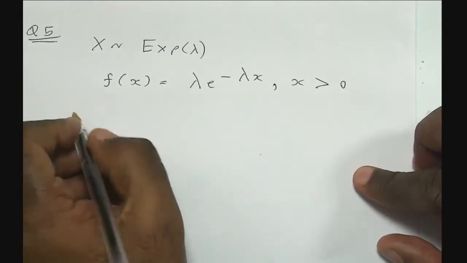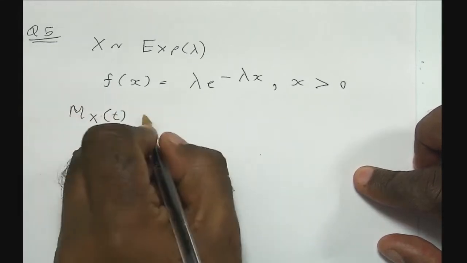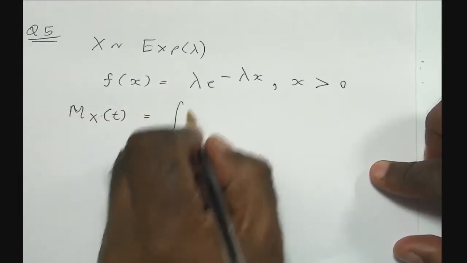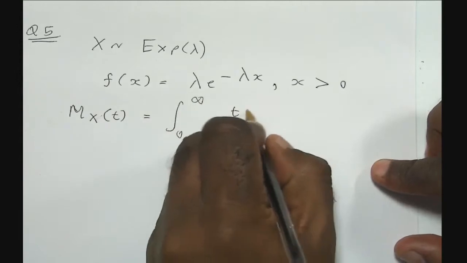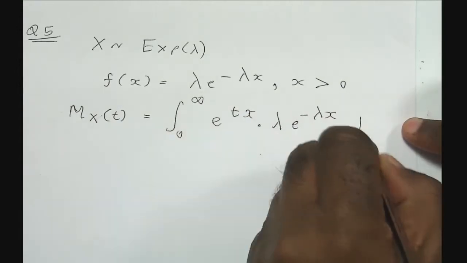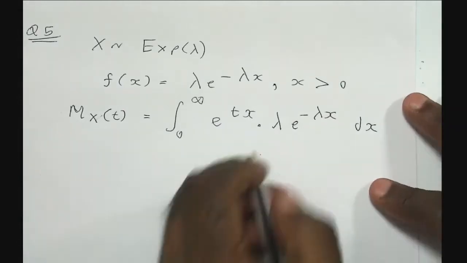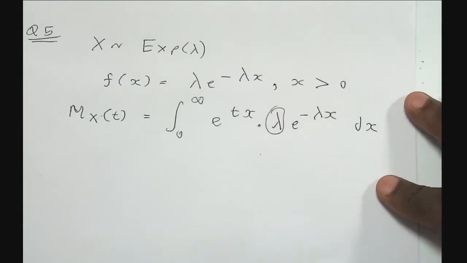So the MGF is, by definition, this. Lambda is a constant, so you can pull it outside.